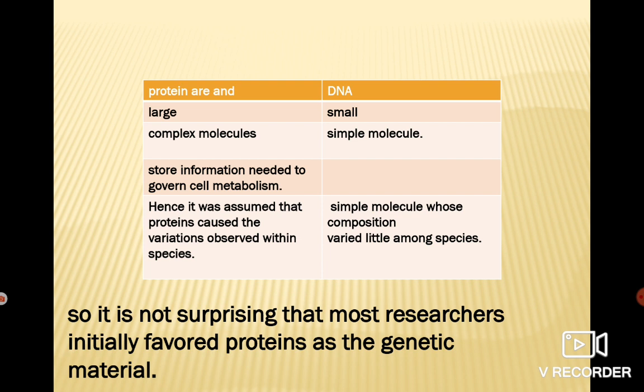DNA, as compared to protein, is a small, simple molecule whose composition varied little among species. Means very little variation is there among members of the same species. So it is not surprising that most researchers initially favored protein as genetic material at that time.